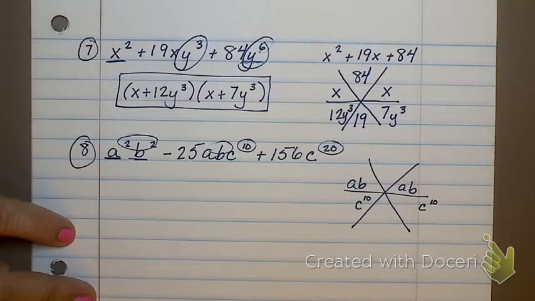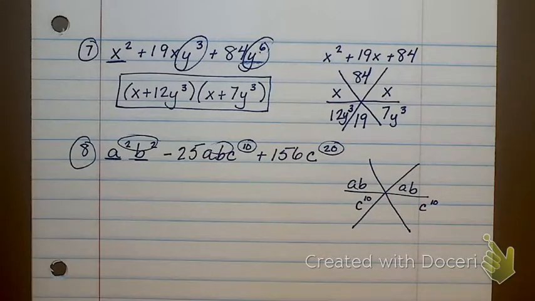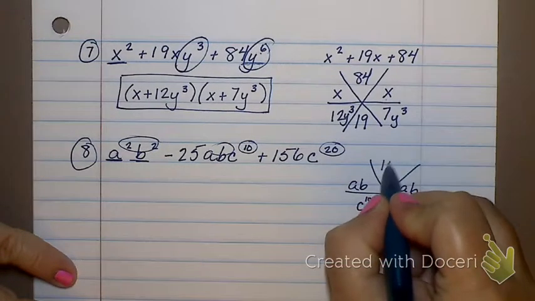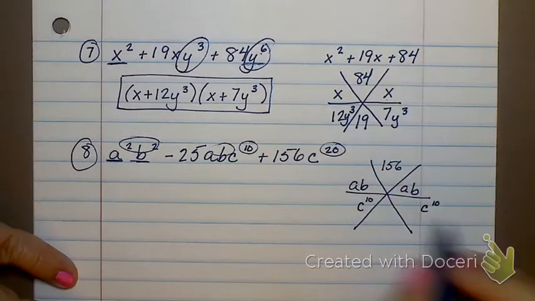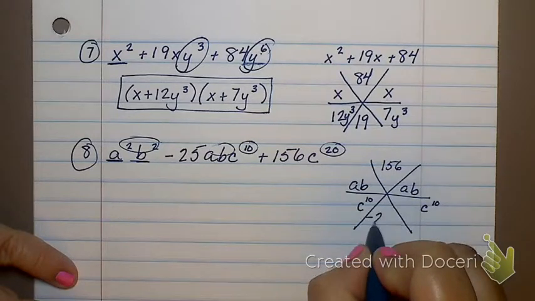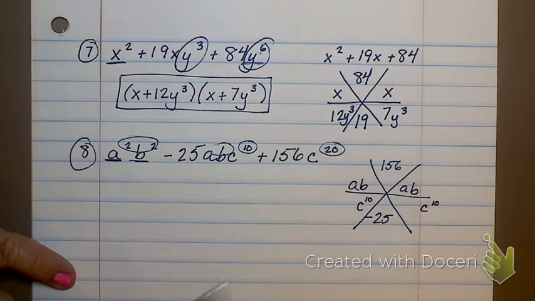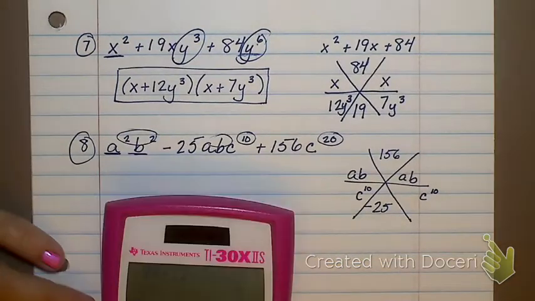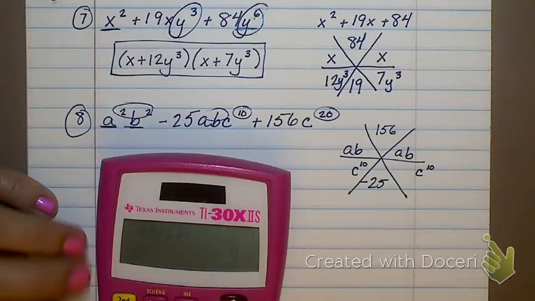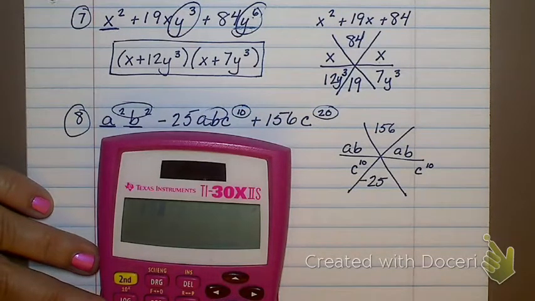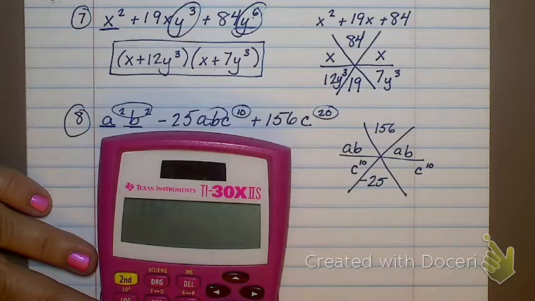This one's kind of evil. What are my numbers, though, that go in there? What goes on the top? 156. And on the bottom? So now I just got to figure out my two numbers there, and I'm good to go. Do you kind of follow that? This is really super yucky, but let's see. 156, what should I try? 8?